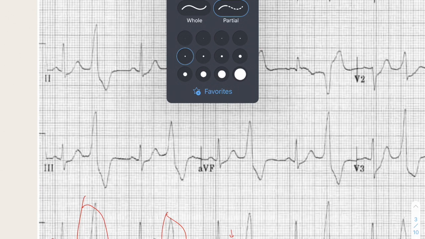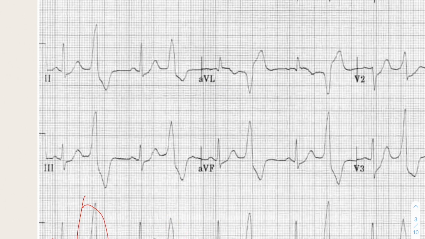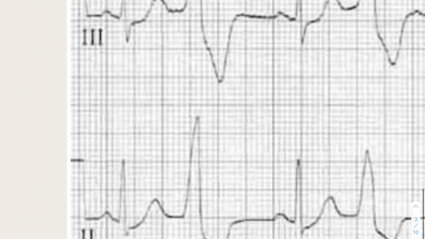Now we get into the interesting bits with looking at our QRS morphology. Remember, for a normal QRS, we're looking for a QRS that is less than 120 milliseconds, and that is 3 small boxes. Just a reminder. So if we're looking at this first peak, here is a nice, sharp, narrow QRS complex. The duration of it is maybe a little bit bigger than 1 box, which definitely fits. You can see that this one as well has a normal morphology, but this is very abnormal.